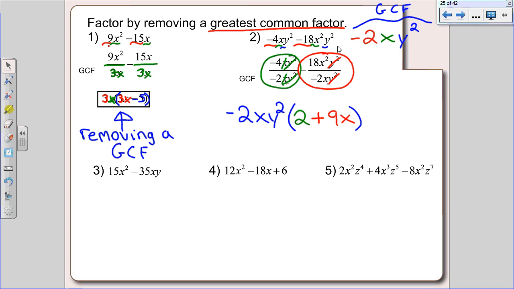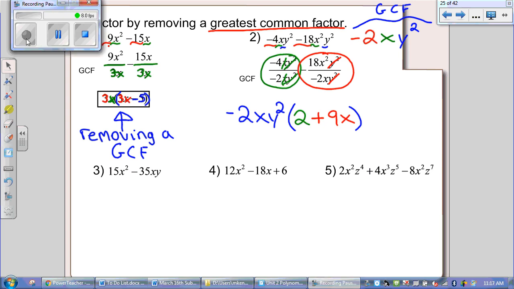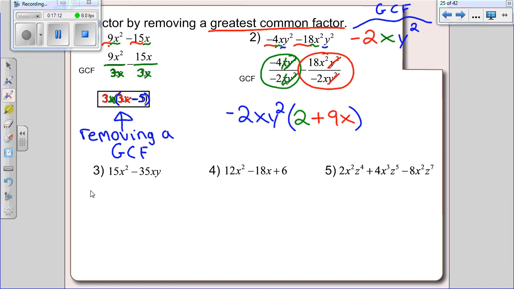Alright, identifying the greatest common factor is what I'm going to do right now. So I look at this thing, I do numbers first, so I have 15 and then negative 35. The biggest number that goes into those is 5. I then look at my letters. I have an x squared and an x. The most number of x's I could take out of both is 1x.